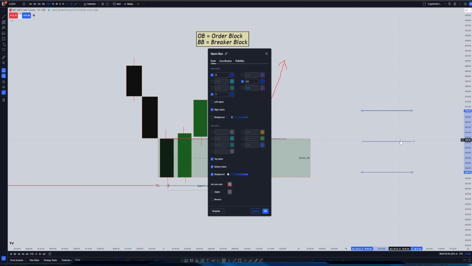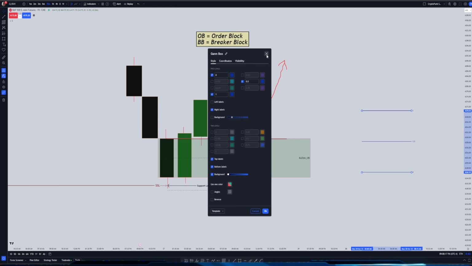But the midpoint is very important for any sort of thing, for a fair value gap, for order block, for breaker block, anything that you are talking about. For the fair value gap, the midpoint is called consequent encroachment, which is CE in short. So this is my gun box settings.